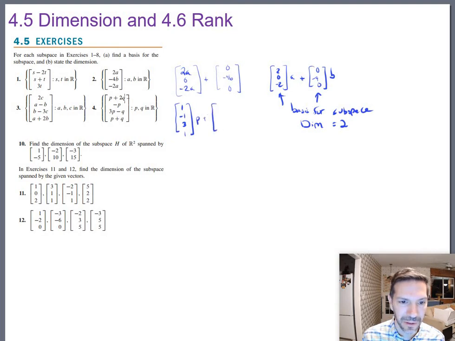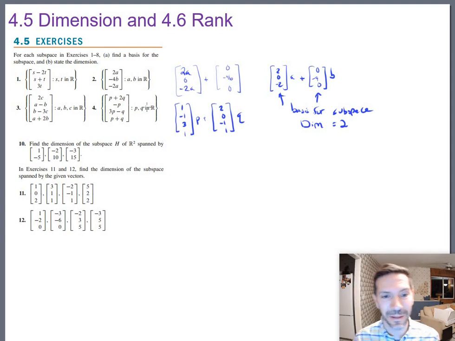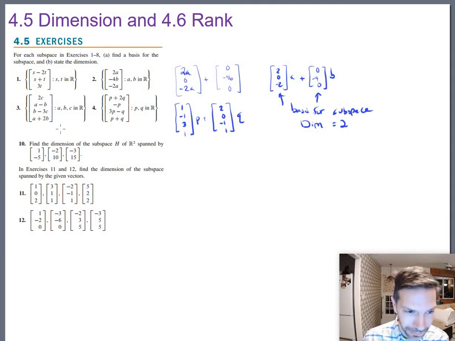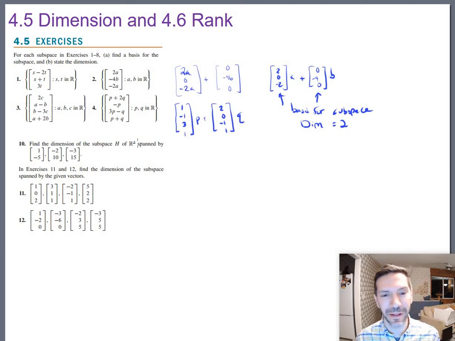And the q's are 2, 0, negative 1, 1. So again, the dimension of that subspace is also 2. And there's your two basis vectors. If you look at number 3, with 3 free variables, I bet you can figure out what the dimension of that's going to be. And with a little work, you can write down the basis vectors.